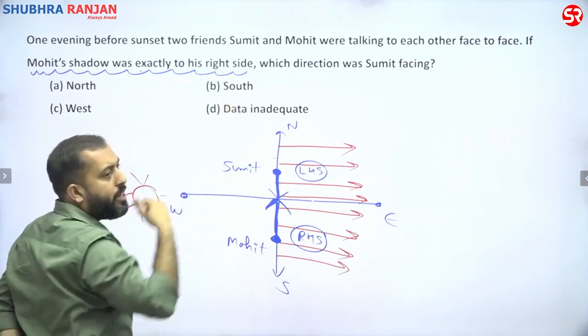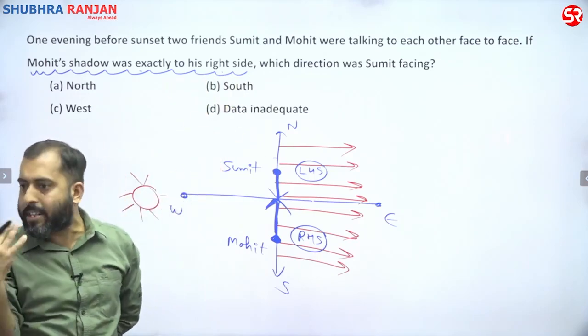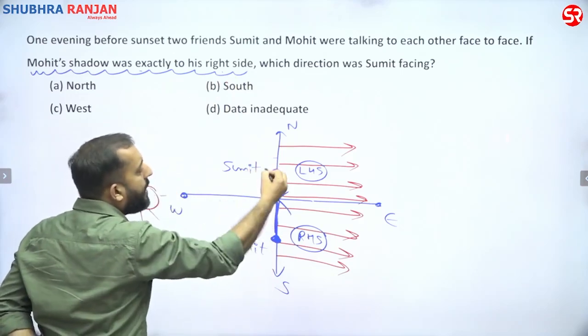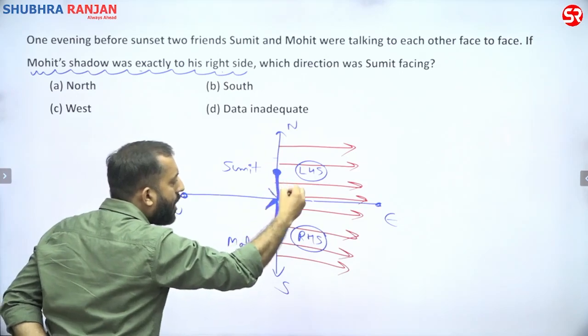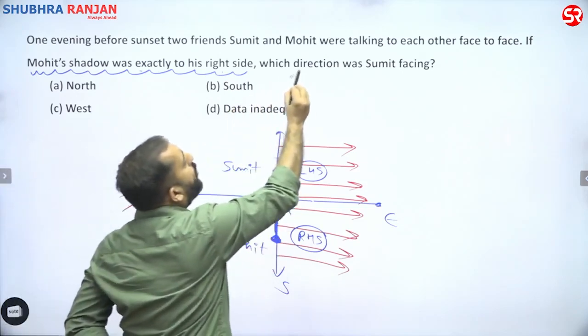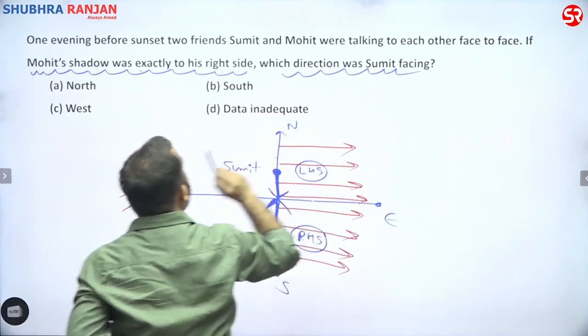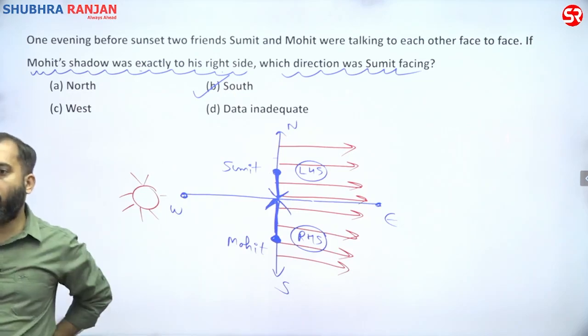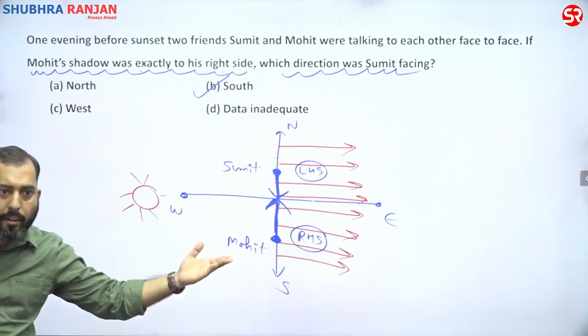They are talking to each other, and if you talk to each other, you face each other. So if Mohit is facing north, then Sumit will face south. And what we want to find out is the direction that Sumit is facing. Hence, the answer is option B. Is this clear to everybody?